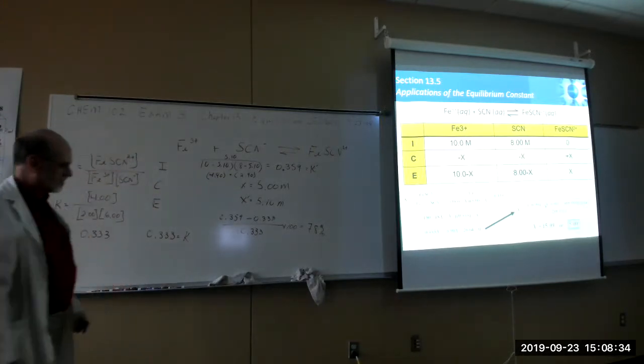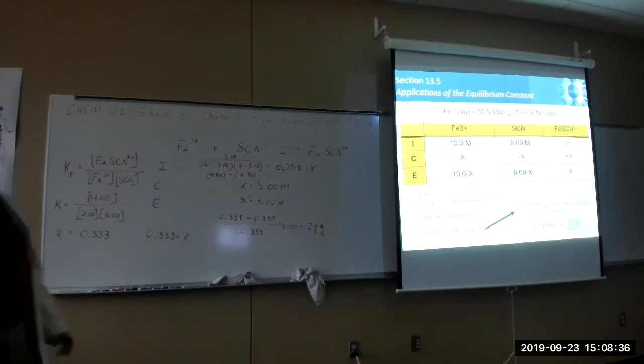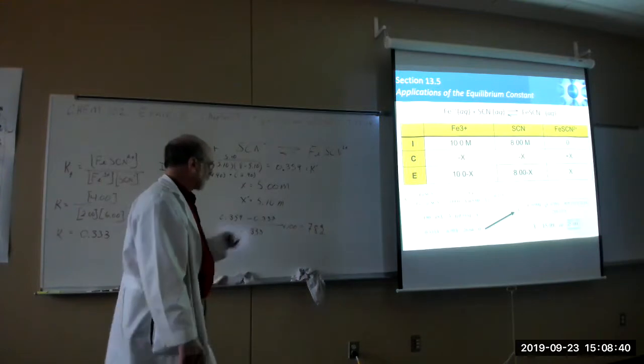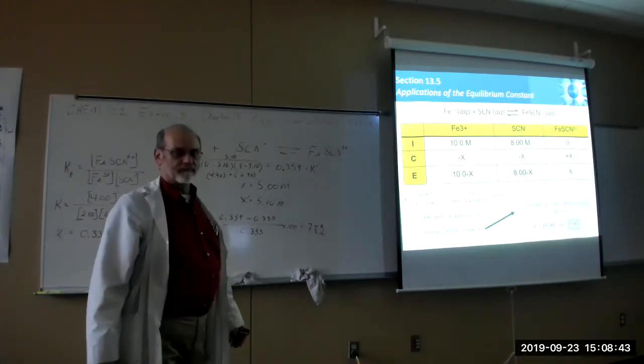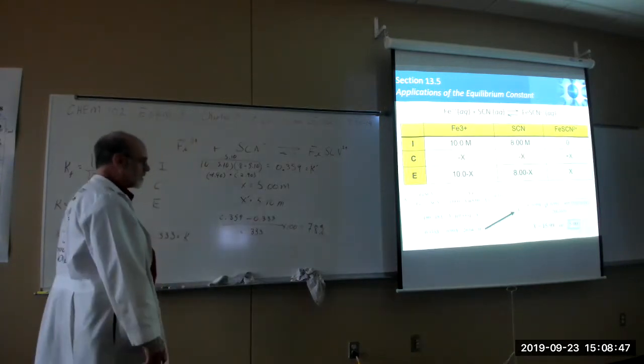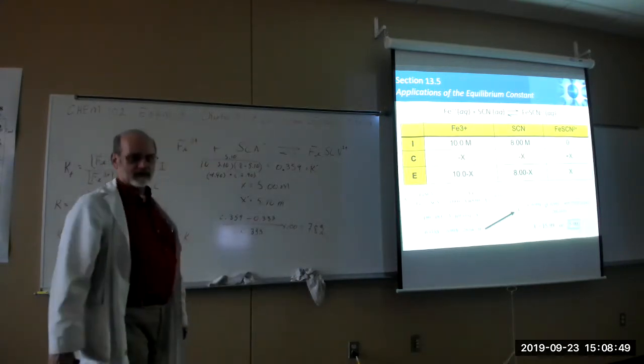Now, there are a couple ways to deal with it. If you do that approximation and you end up with the wrong answer, you can always go back and use the quadratic, and that'll give you the exact answer. The other way is to do successive approximations.